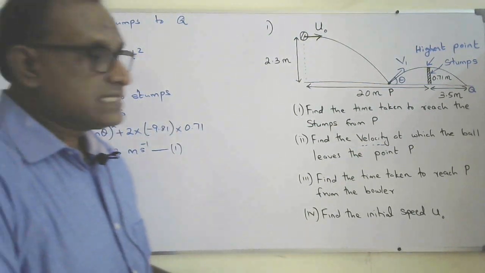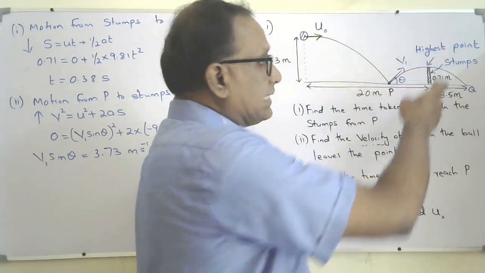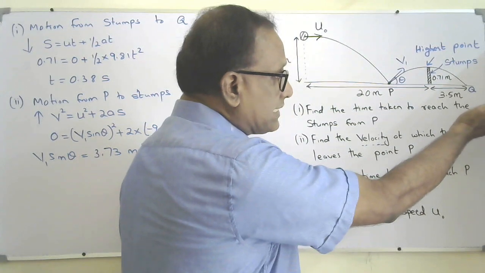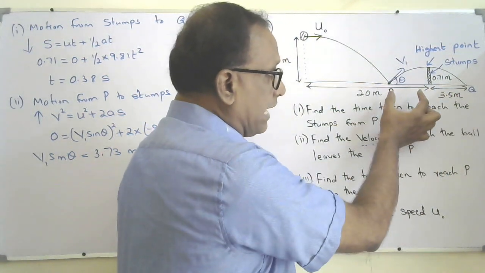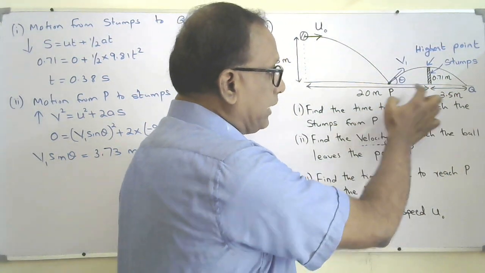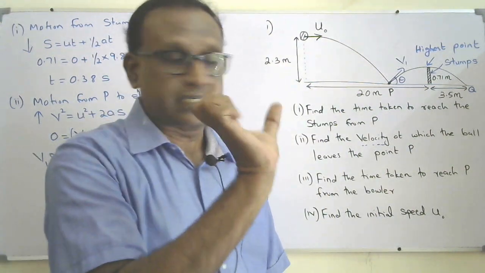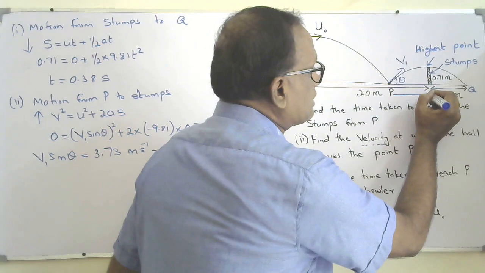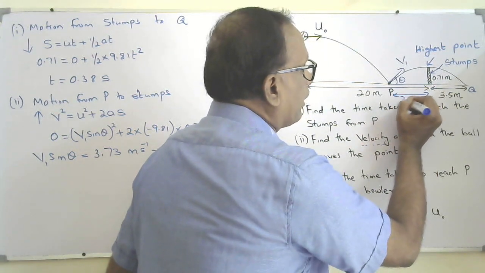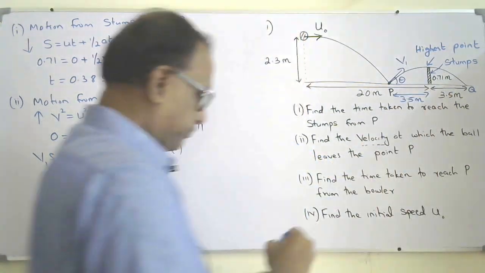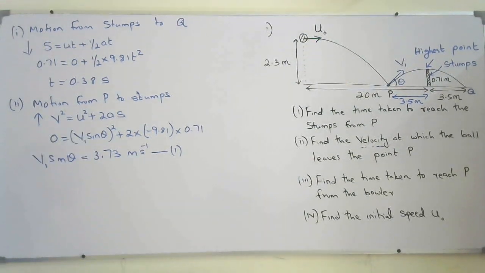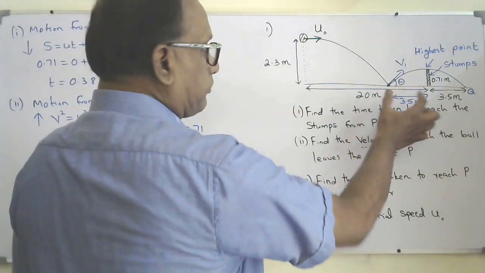Right. I told you this path is symmetrical. So the displacement on the right side from the stumps will be the same as the displacement from P to the stumps on the left side. So this displacement also is 3.5 meters.